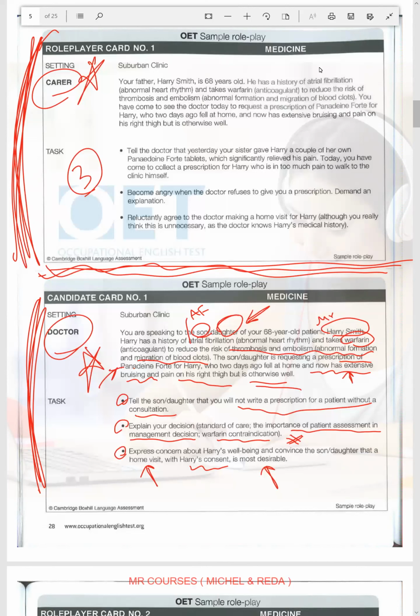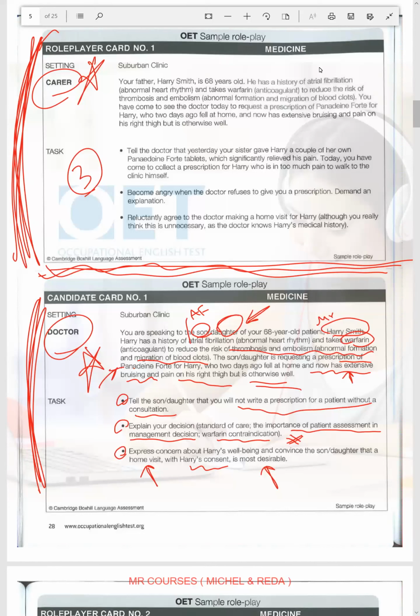Oh, I'm really sorry to hear that. It must be very painful for him. I really appreciate that Mr. Harry Smith has fallen at home. Can I ask you some questions regarding your father's state? Yes, you can.